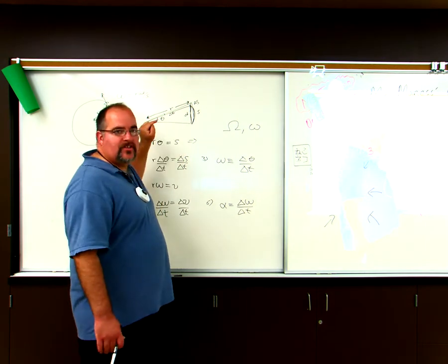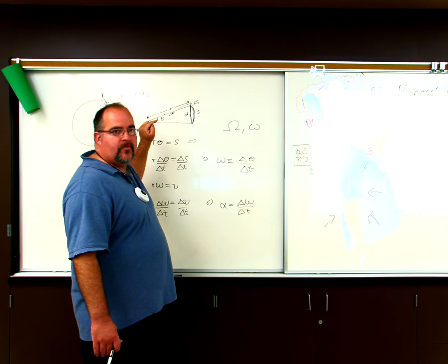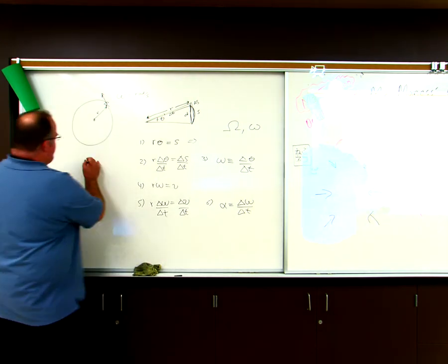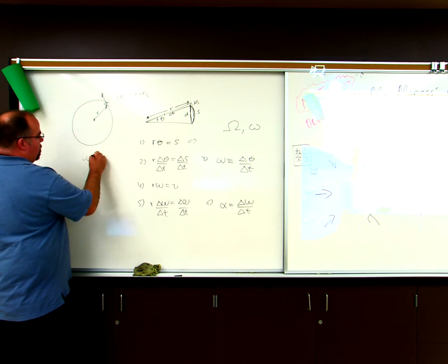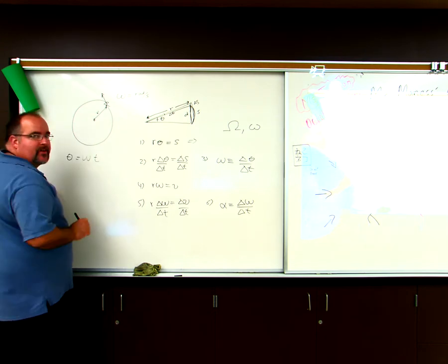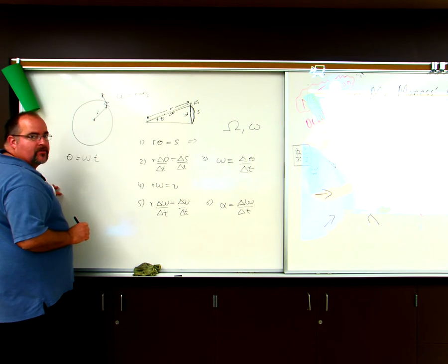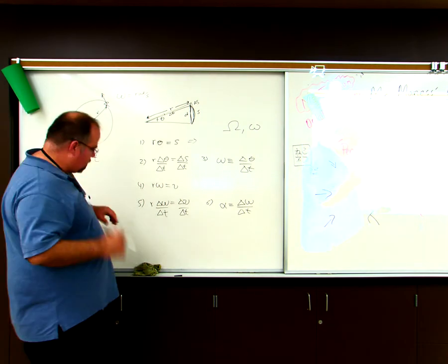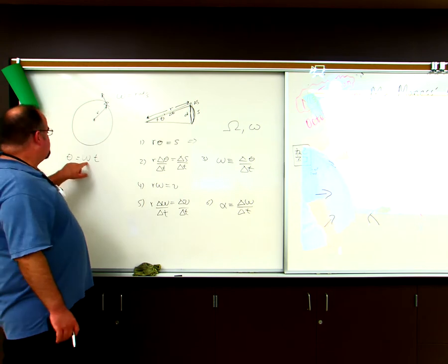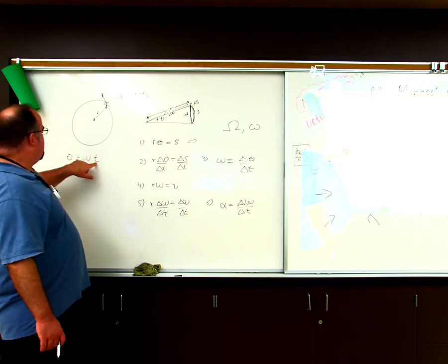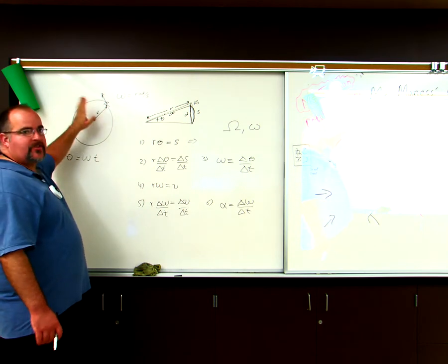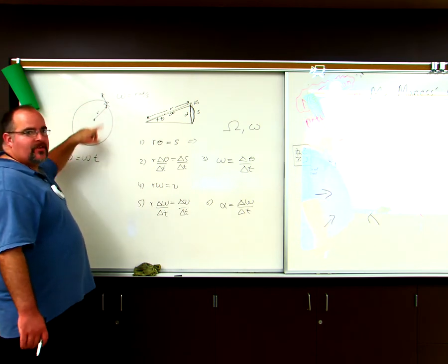If you take omega and multiply by t, you get theta back. So t times omega is theta. At a given time, you can find out how many radians have elapsed.